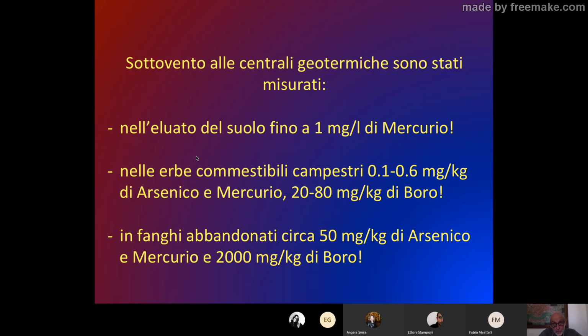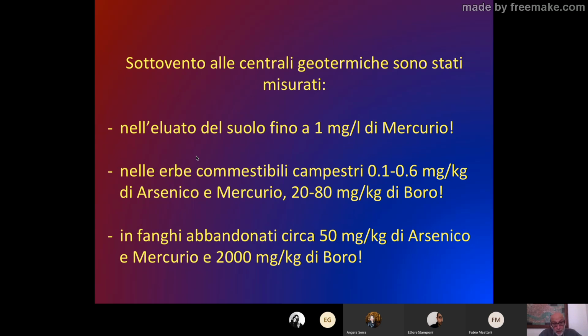The limit for drinking water is 1 microgram of mercury per liter. So if you run a little bit of water through the soil, you get 1,000 times more pollution than what is allowed by law for drinking water.